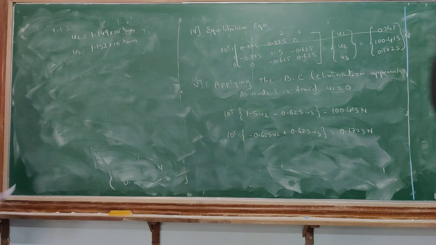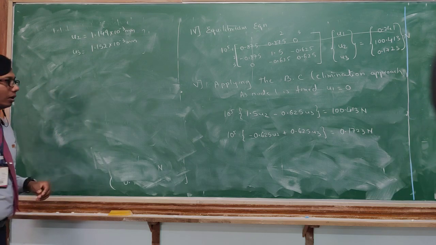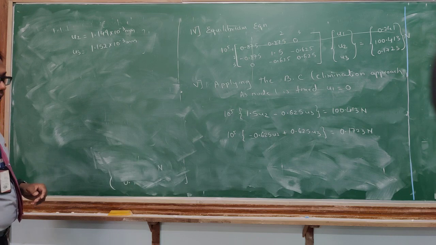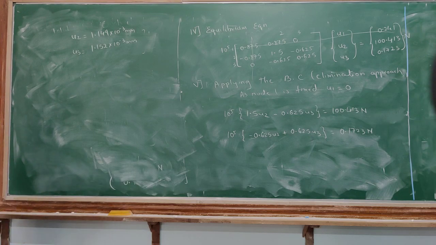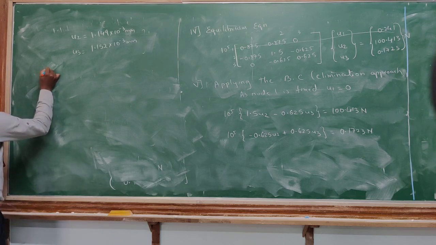So this is how we find the nodal displacements of node 2 and node 3. But from the problem definition you also have to find the stresses in each element. So we will be doing that.